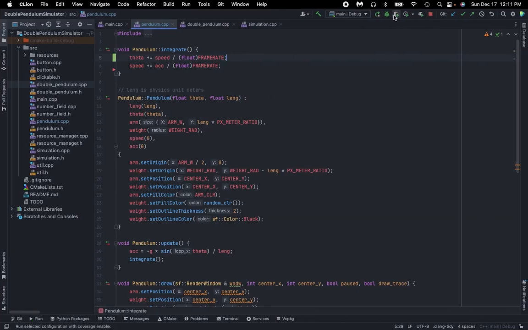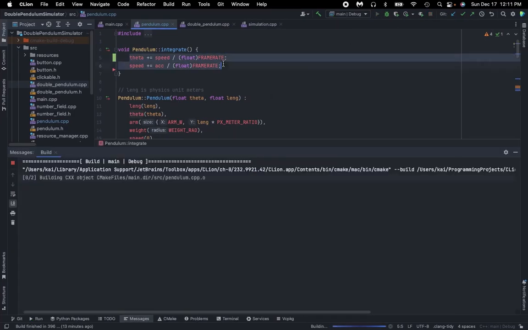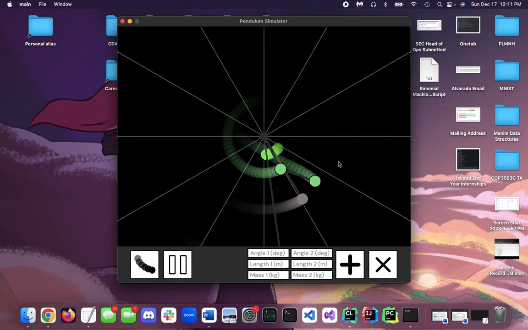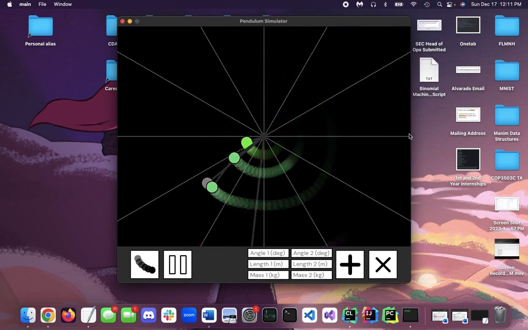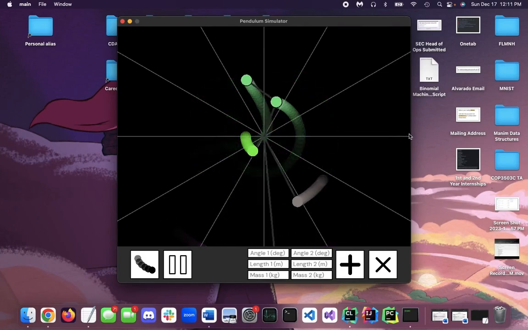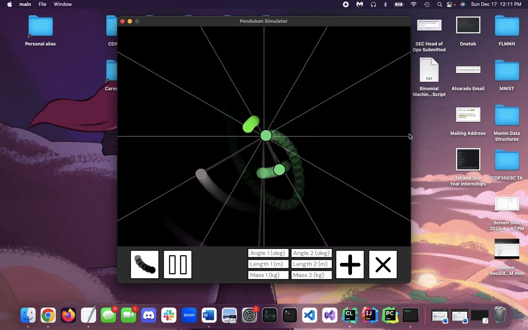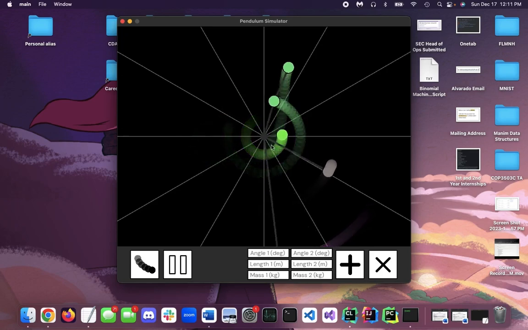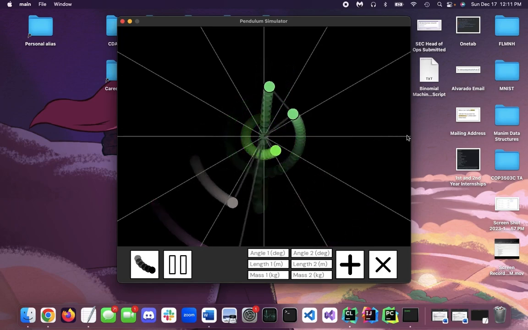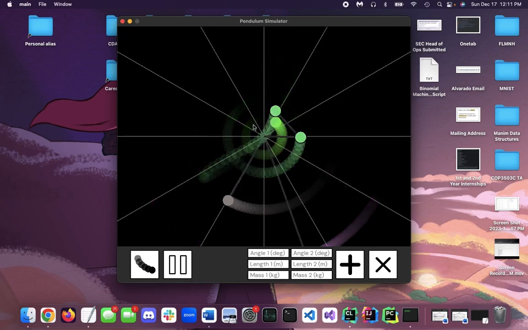If we rerun this using the rearranged order, so this is the default Euler method now using the old speed, then pretty quickly you can see that the energy of this double pendulum and also the single pendulums will start to just increase. The single pendulum is swinging around itself.